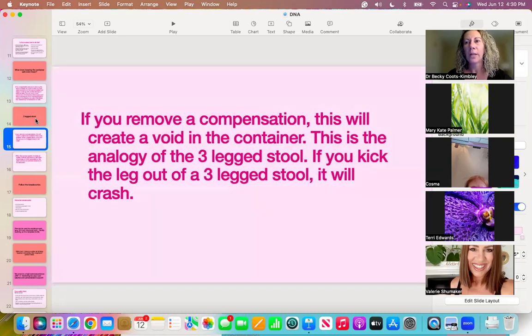If you kick that one leg out, that stool is going to fall over or crash. The same thing happens with the nervous system. If you remove something that's not meant to be removed, oftentimes that person will blow up and get worse, or the brain, the nervous system will insert another strategy to keep you safe. And that other strategy may not be adaptive. It may not be safe.